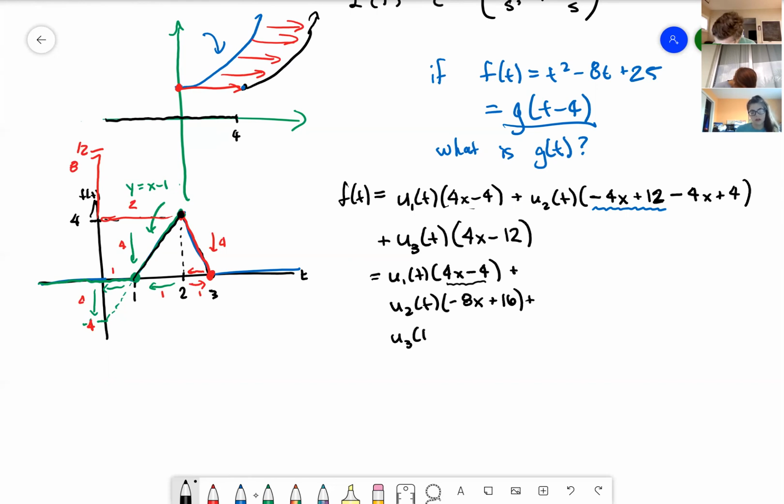And then u3, 4x minus 12 to cancel out the remaining part that turned on at t is equal to 3, so that from this point on, the output is 0. And then finally, they're using h, I believe, for the Heaviside step function. And so for u1, that's the unit step function shifted forward by 1.